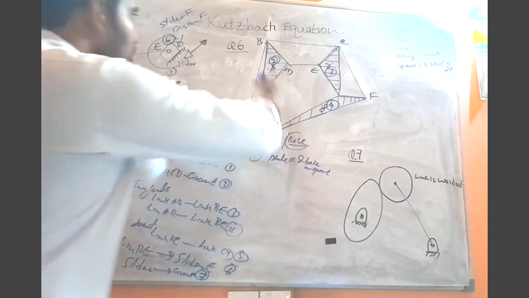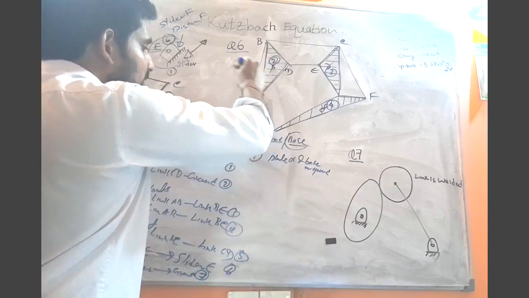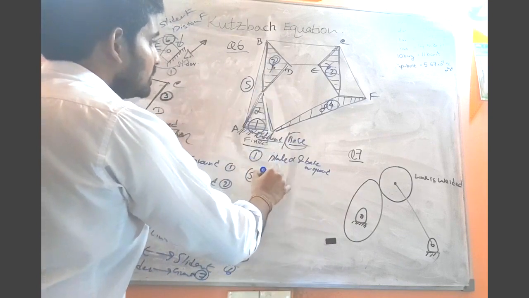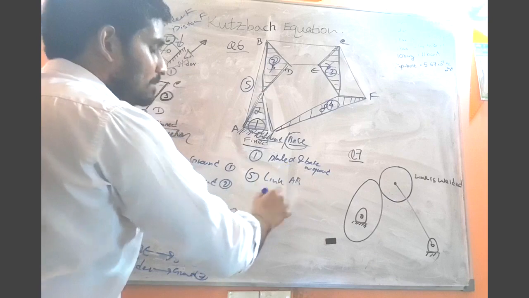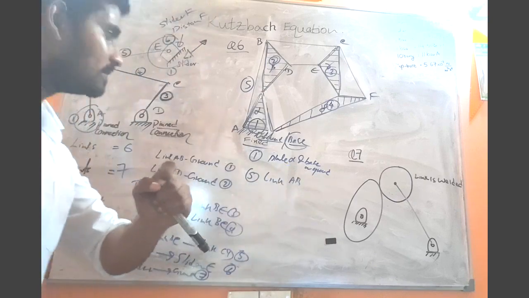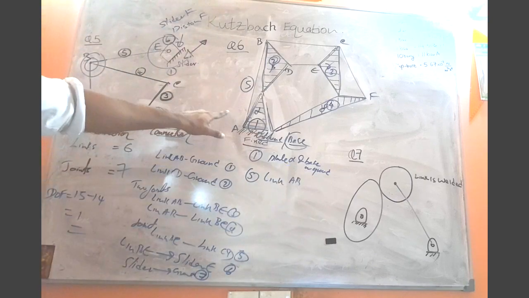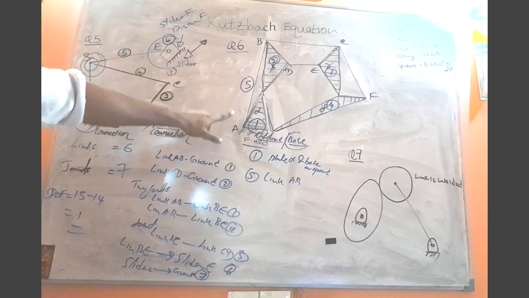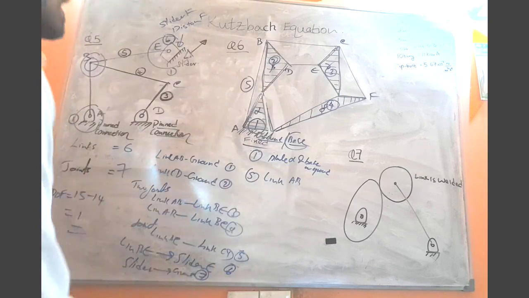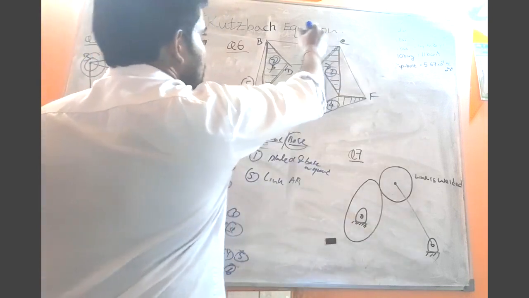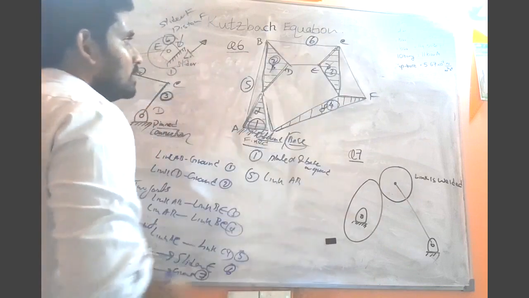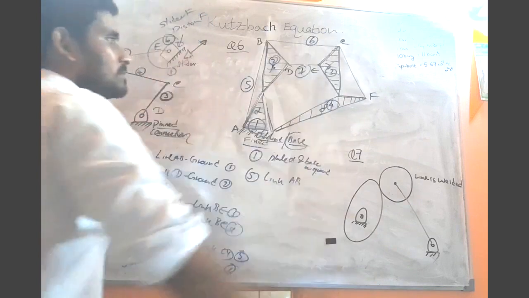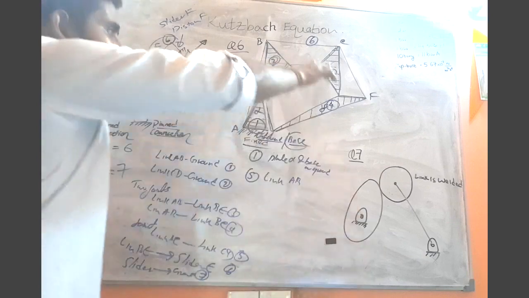Then label number 5 is this link AB. I am writing these things, otherwise you will forget. Label 5 is the link AB, and label number 6 is the link BC. Label number 7 is the link DE.